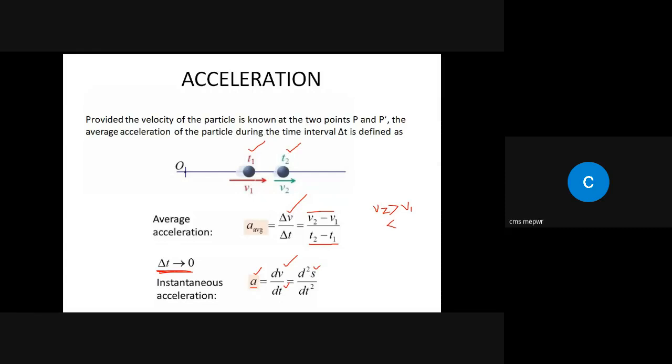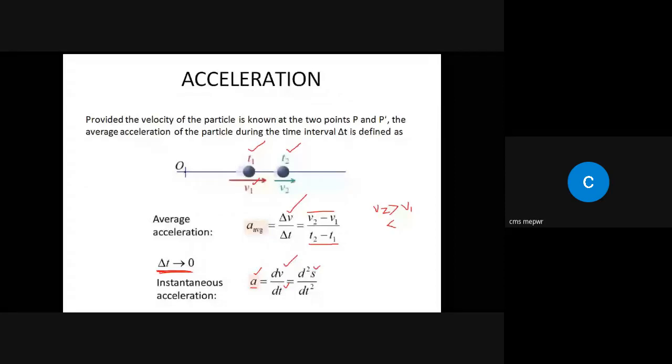From this curve, you can see the initial velocity is greater and the final velocity is smaller, meaning the object is slowing down, its velocity is decreasing. Usually for positive acceleration we use the word acceleration, and when the value is negative we use another word, which is known as deceleration.